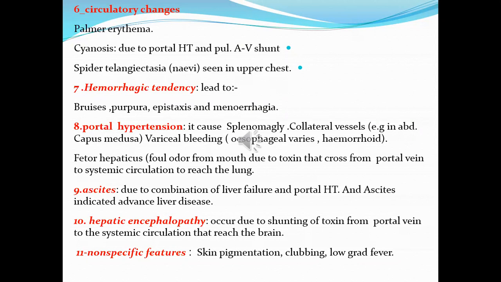So when they reach the brain, they lead to signs and symptoms of hepatic encephalopathy and brain function disturbance. Other non-specific features include skin pigmentation, especially in hemochromatosis, clubbing of the finger, and low-grade fever even without infection.